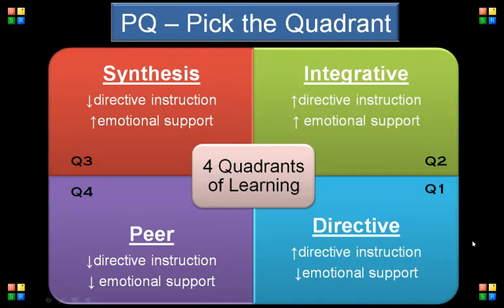Now, what's helpful for me about this is that at any given moment, with any given scenario, one of my interns may be in a different quadrant. So, for example, I'll use the same intern for these examples. We have an intern who is ready to start on a physical exam, and they've completed the historical exam, but they have not been signed off by me or approved by me from a competency standpoint on the lower quarter exam.